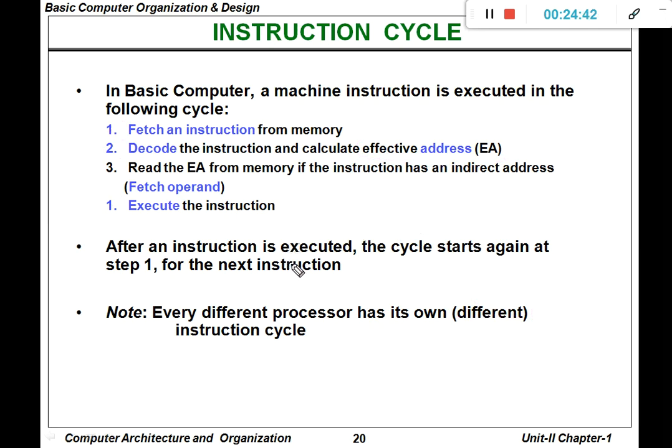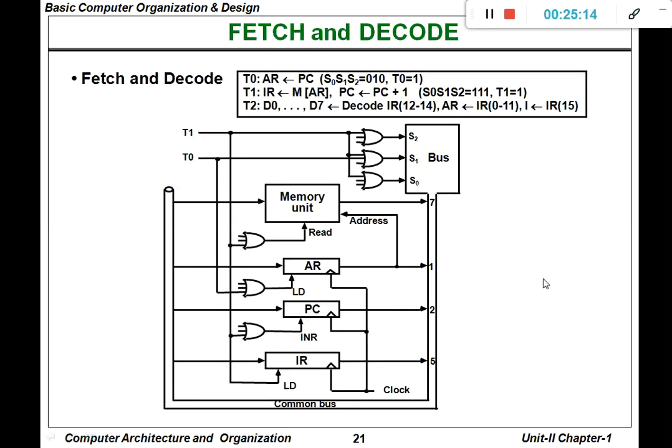After the instruction is executed, the instruction cycle is completed, and then the cycle starts again from step number 1 for the next instruction. After the execution of the first instruction, PC will be incremented to PC plus 1. Then the second instruction will be executed. Like this, we keep on executing the instructions one by one.